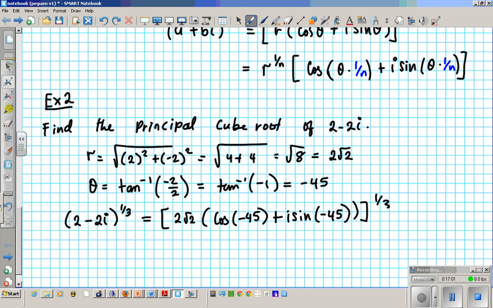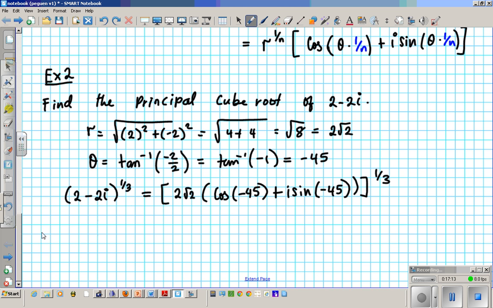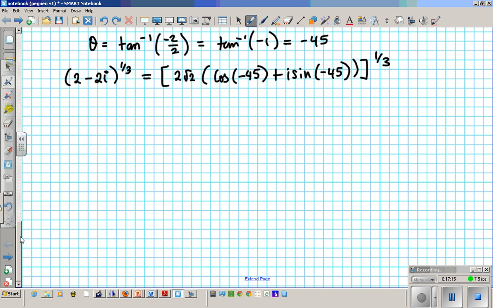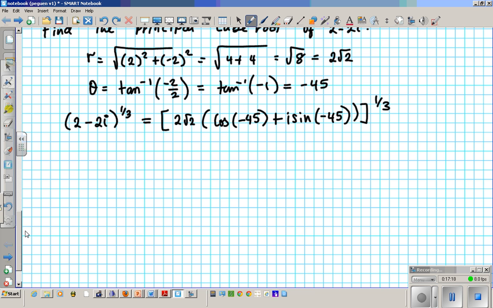Okay, so we have it in a form that we can apply De Moivre's theorem to, right? All you do is raise the radius to the power and multiply the power by the angles, and that will give you the polar form. And then we'll use our other tools to express it in rectangular form. So let's do it.